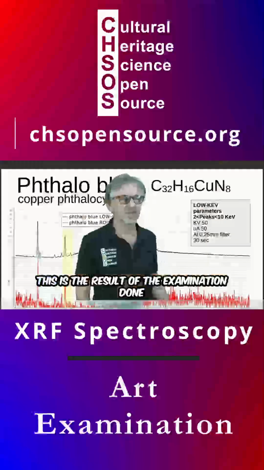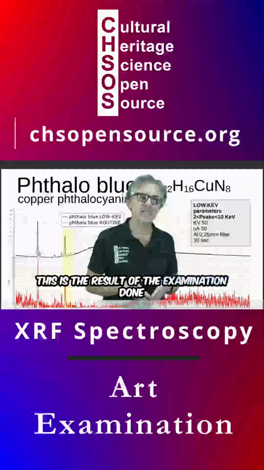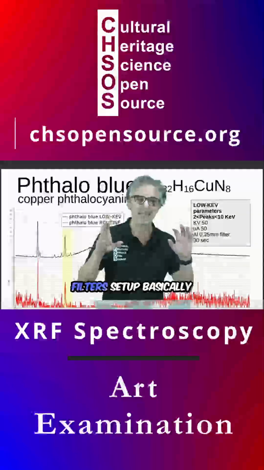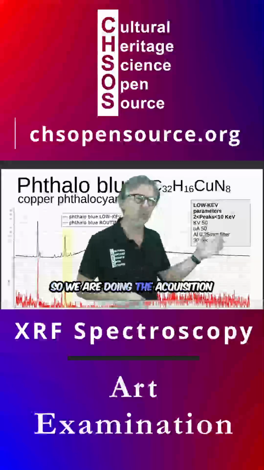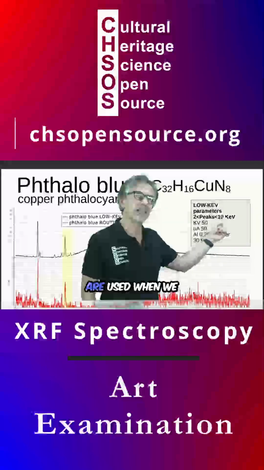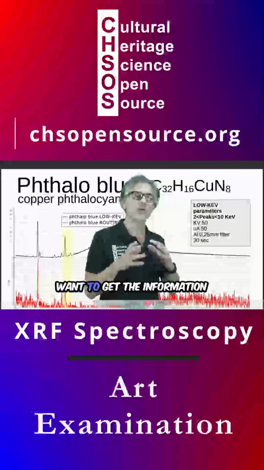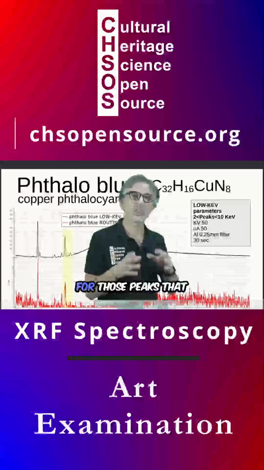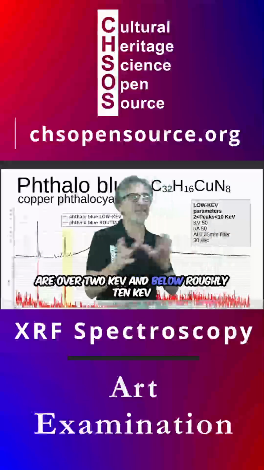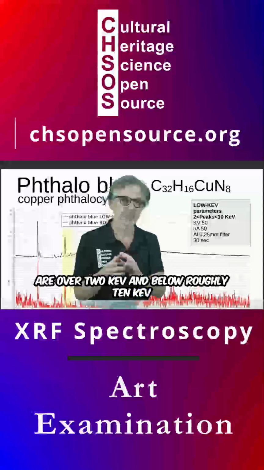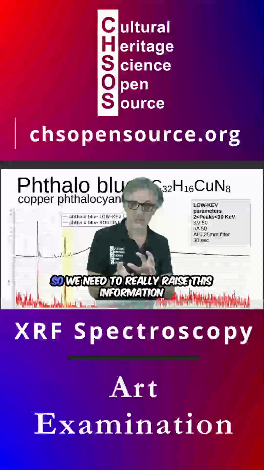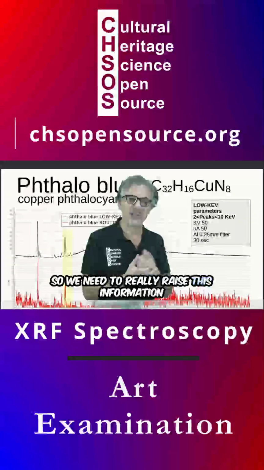This is the result of the examination done with the low keV filter setup. We are doing the acquisition. These low keV parameters are used when we want information on peaks between roughly 2 keV and 10 keV, for elements that are in low concentration, so we need to really raise this information.